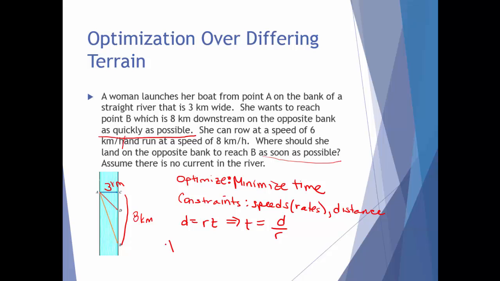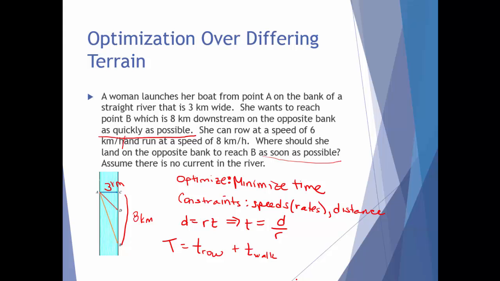So let me start off by calling it capital T, because I mean this to be a total amount of time. So in general, the total amount of time it's going to take her is however she spends in the boat, so time rowing, plus however long she spends running. I'm going to call it walking, just because I don't want 2 hours.